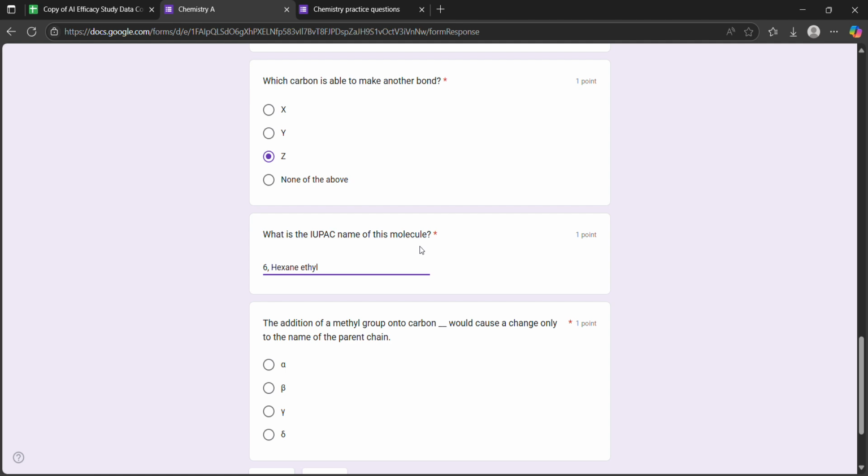Ethyl at 1, 2, 3. I think at 3 and 4. I think it is 3-ethyl-3,4-methyl hexane.